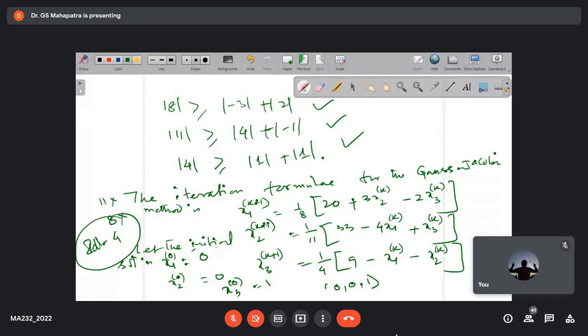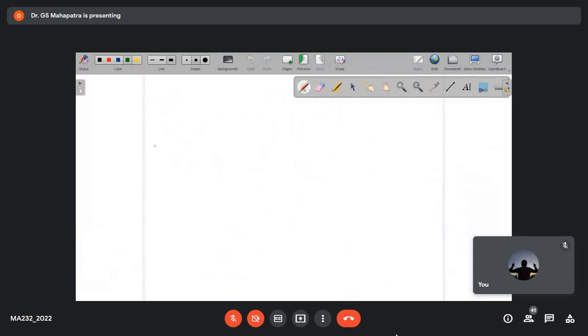So first iteration, I will go to the next. You have to put x1 is 0, x2 is 0 and x3 is 1. That means k equals to 0 solution. So now for k equals to 0, I will go back next.